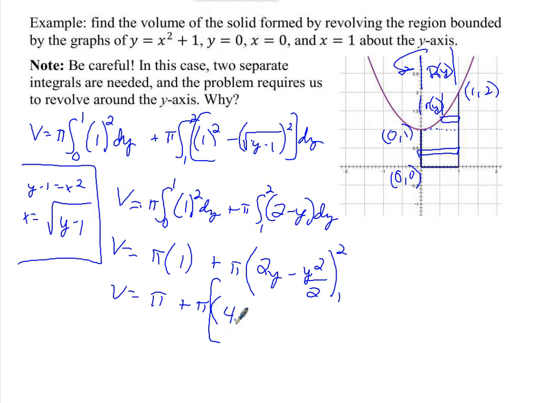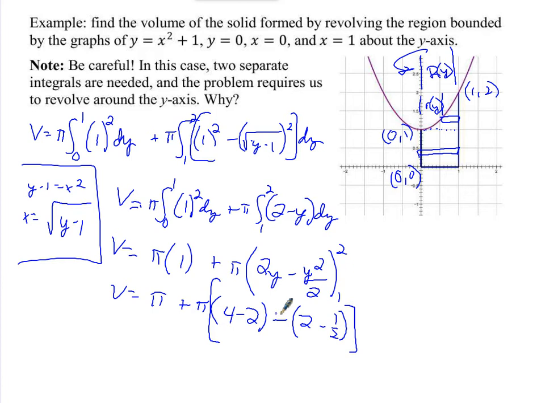So 4 minus 2, then minus 2 minus 1/2. Okay. So we got 4 minus 2. We got 2 minus 1/2. 3 halves.